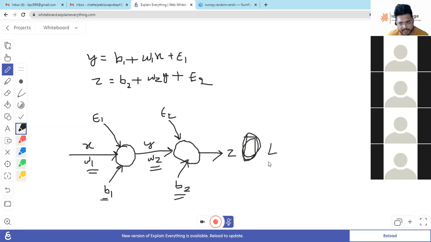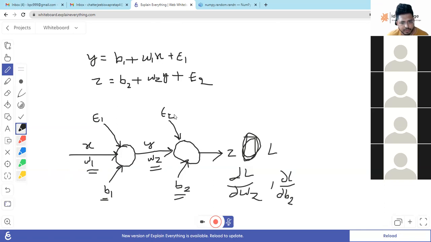So the loss will be generated here: the partial derivative of loss with respect to W2, and similarly the partial derivative of loss with respect to B2. This will help me calculate my new values of W2 and B2. Similarly, the value of Y here will help me calculate the partial derivatives for W1 and B1, and so on.